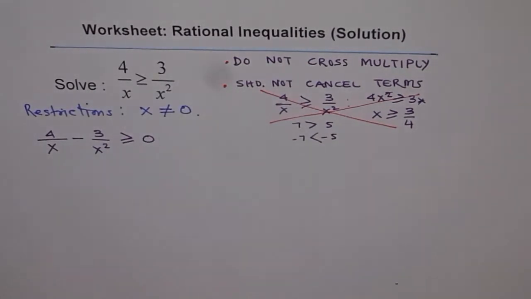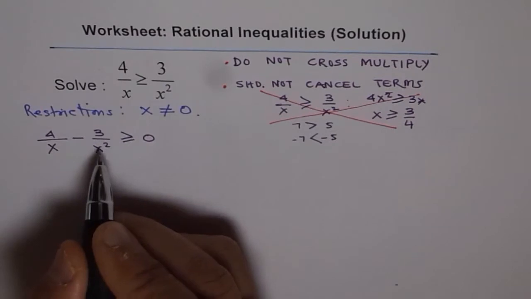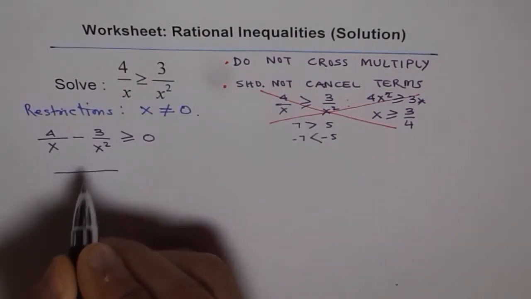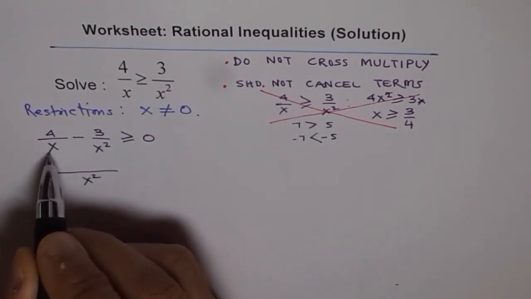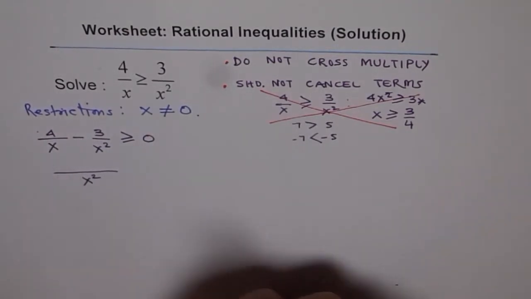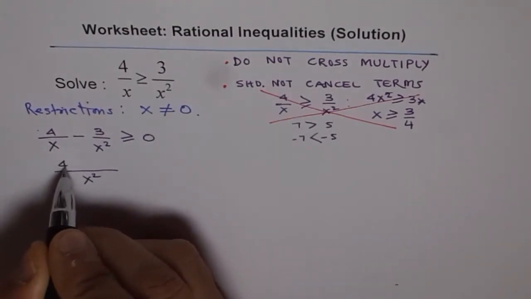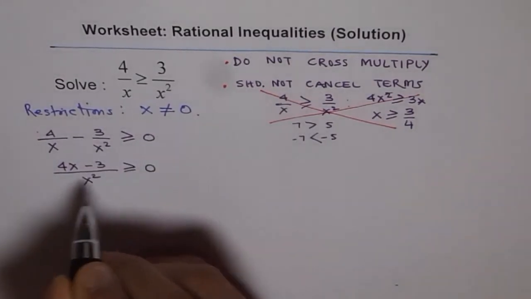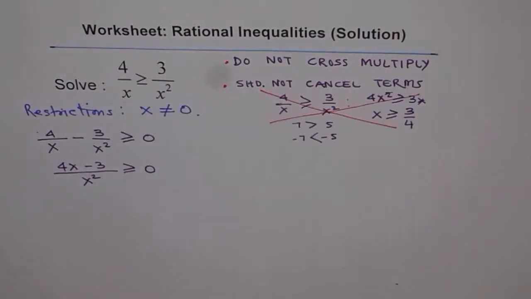Now we can take a common denominator. The common denominator is x squared. How do you get x squared here? You multiply the first term by x. So this becomes the fraction 4x minus 3 over x squared, greater than or equal to 0.